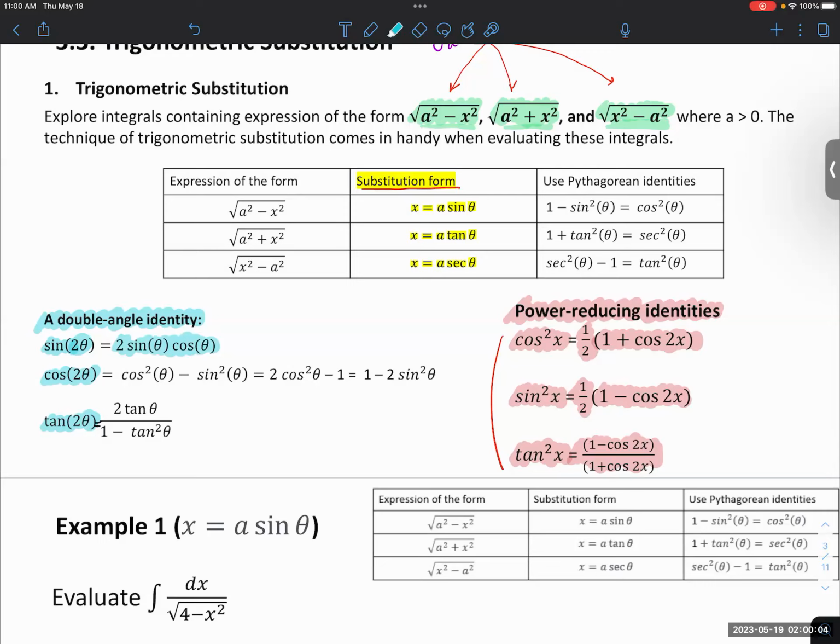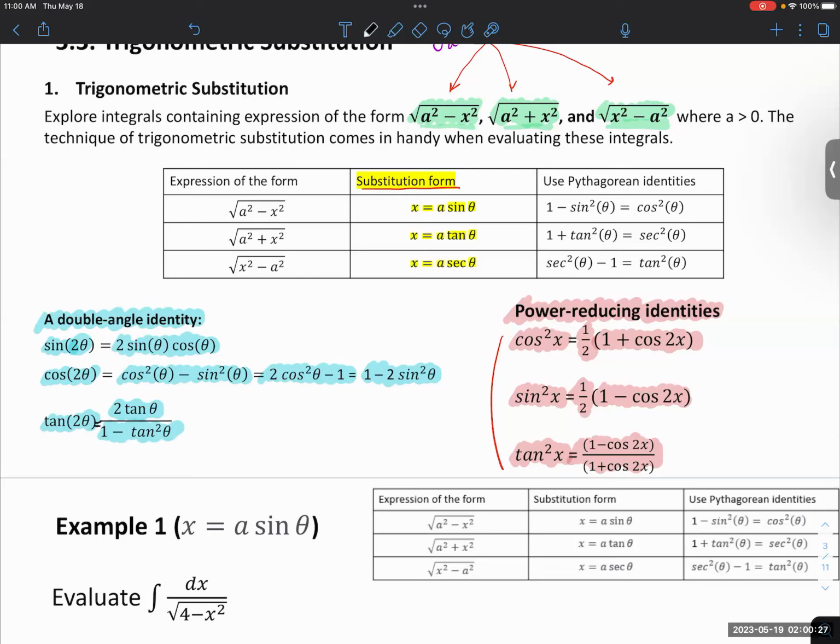So there's no more 2 theta. Cosine 2 theta is the same as cosine squared theta minus sine squared theta, or 2 times cosine squared theta minus 1, or 1 minus 2 times sine squared theta. Lastly, tangent 2 theta is equivalent to 2 tangent theta over (1 minus tangent squared theta).